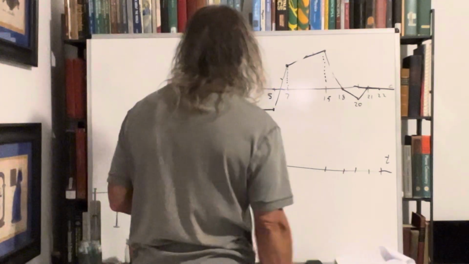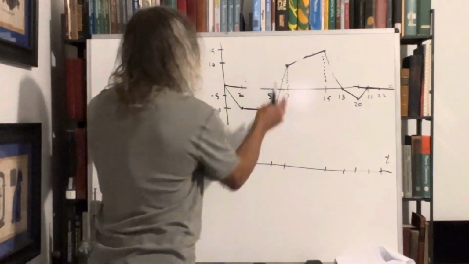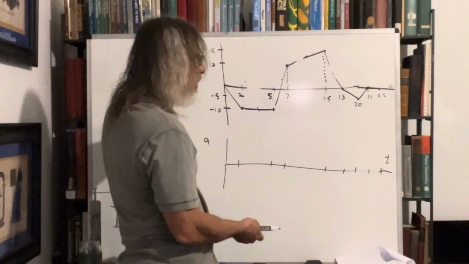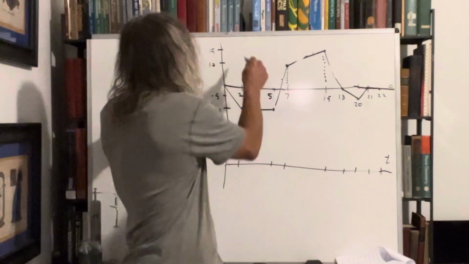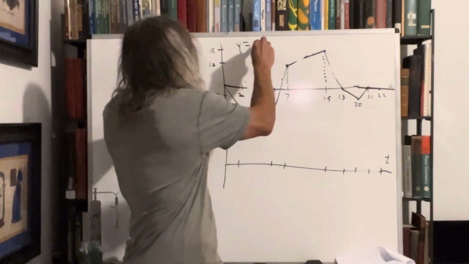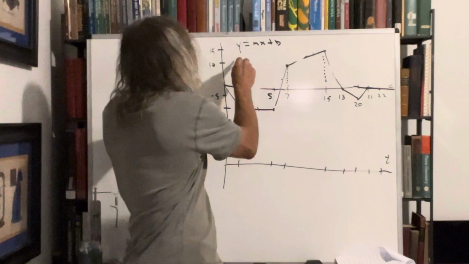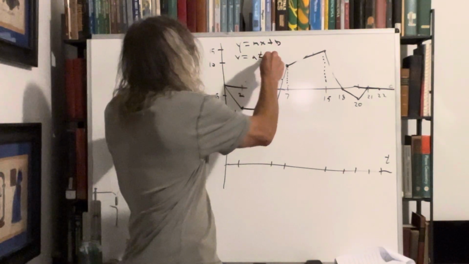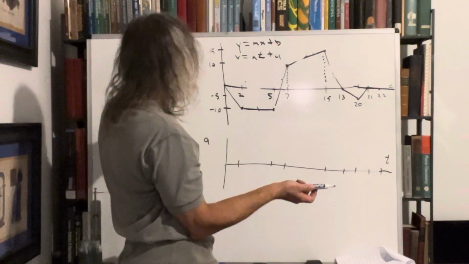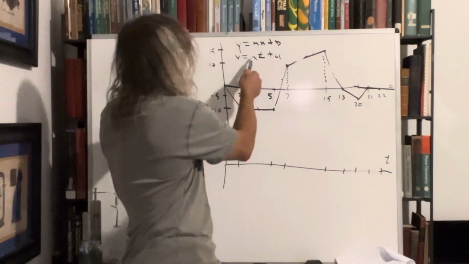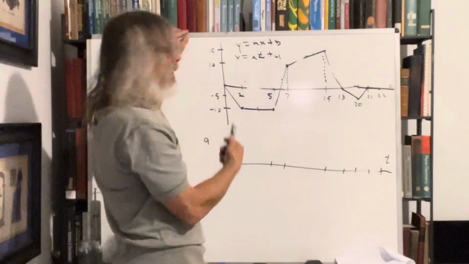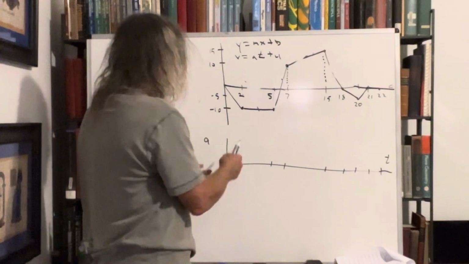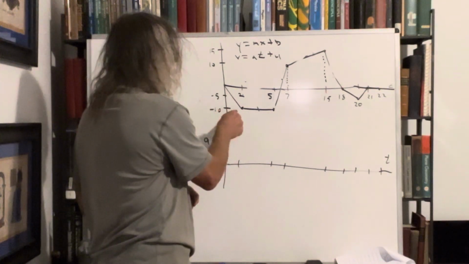So here, as I say, y equals mx plus b, and v is at plus u, so we get the slope of a line, and that's our acceleration. So here, we drop 10 and go over 2.